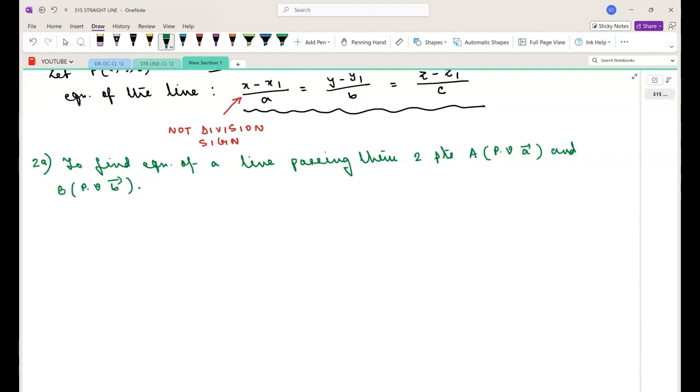We have to find the equation of a line passing through these two points. So we are doing this in the vector form.